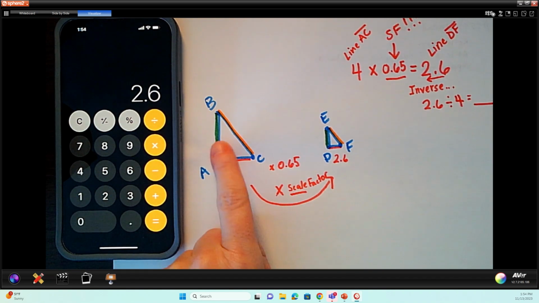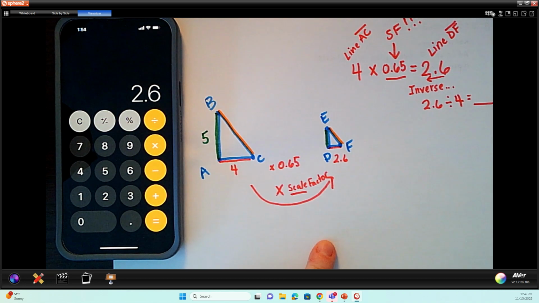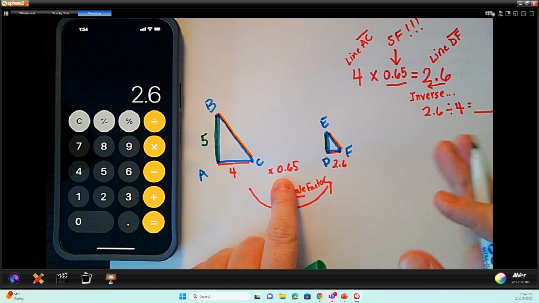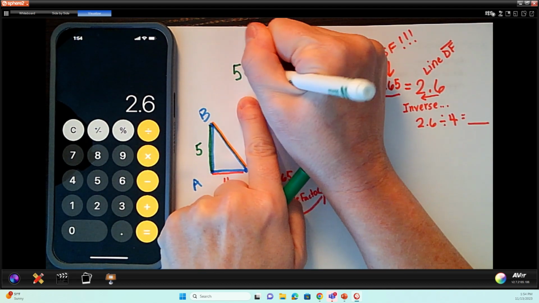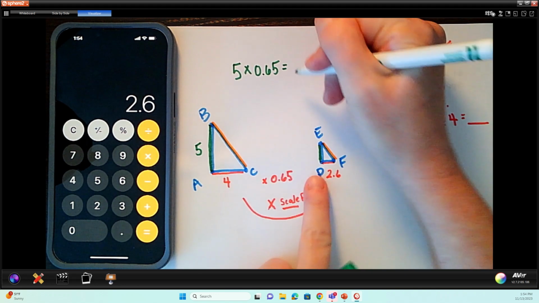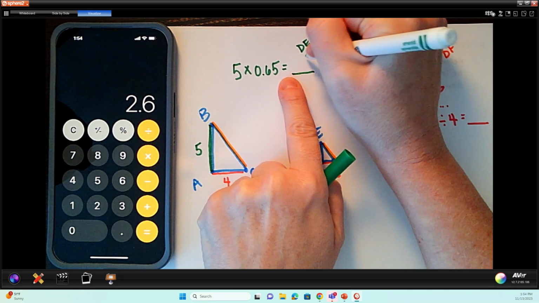All right, so now let's just make up some numbers. Let's pretend AB is 5. I know my scale factor now. I've done the hard work. So now that I know the scale factor, I just have to do 5 times the scale factor, and that will give me DE. Okay, so that's what I'm trying to find, DE. What is this missing number?